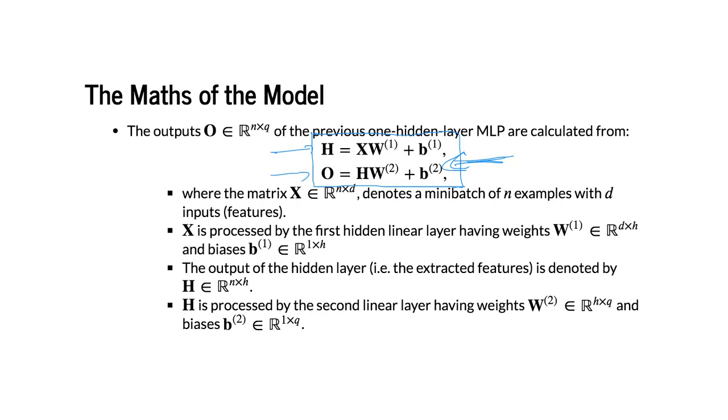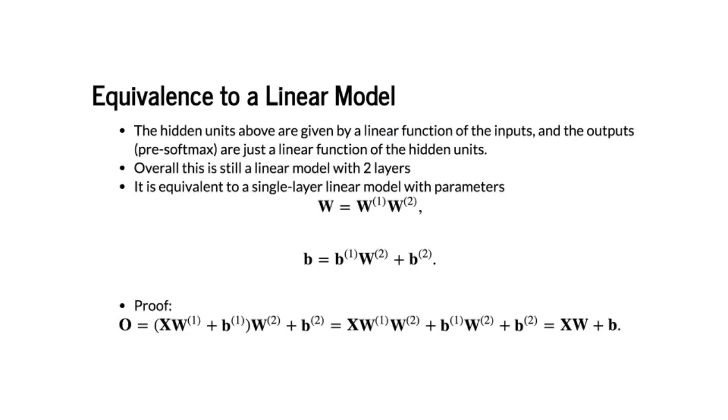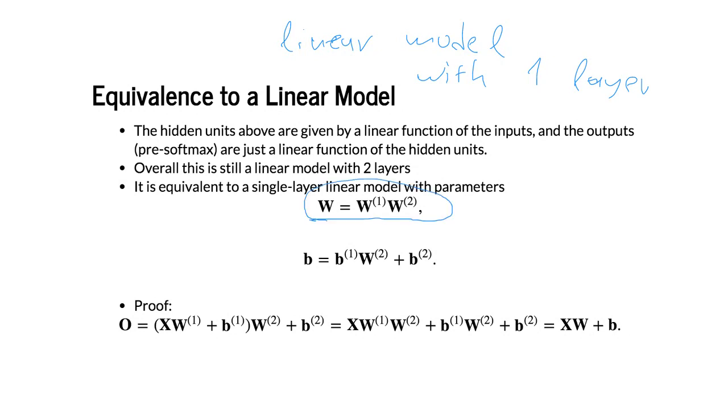Now one can define a single layer linear model, where the weights are given by this relation and the biases are given by this relation.